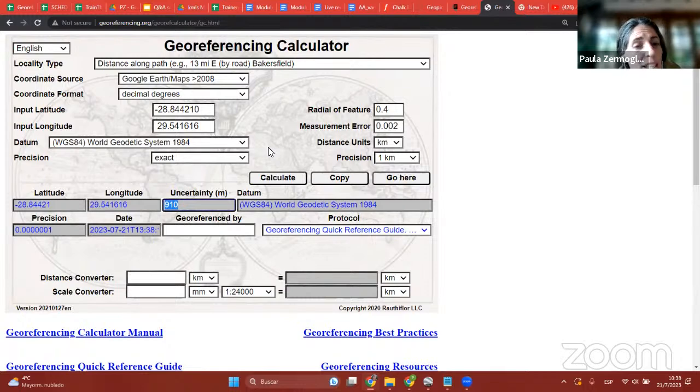So for this one, which do you think is the factor that is most contributing to the uncertainty? We have one suggestion that says distance.